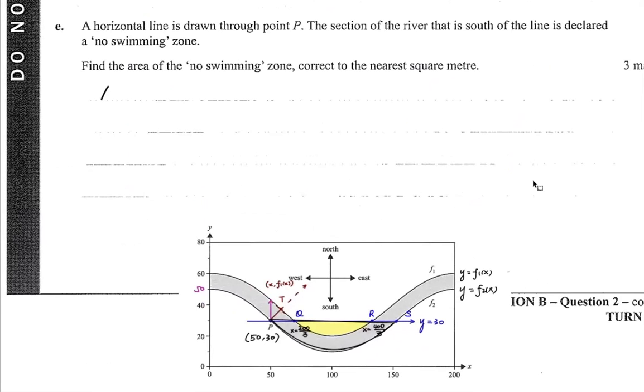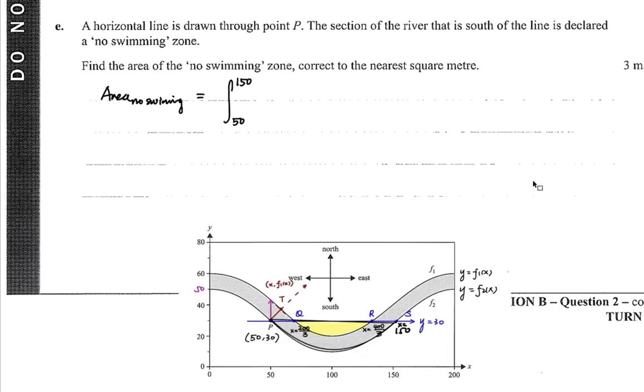So the no swimming area is the large area. I suppose this is x equals 150, going from 50 to 150.